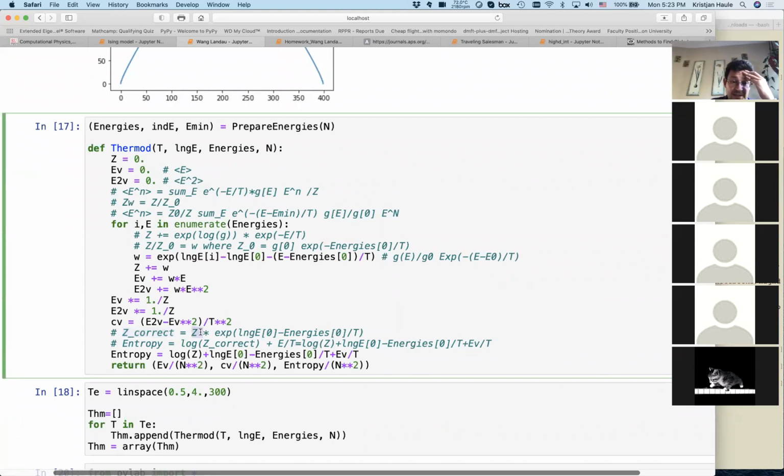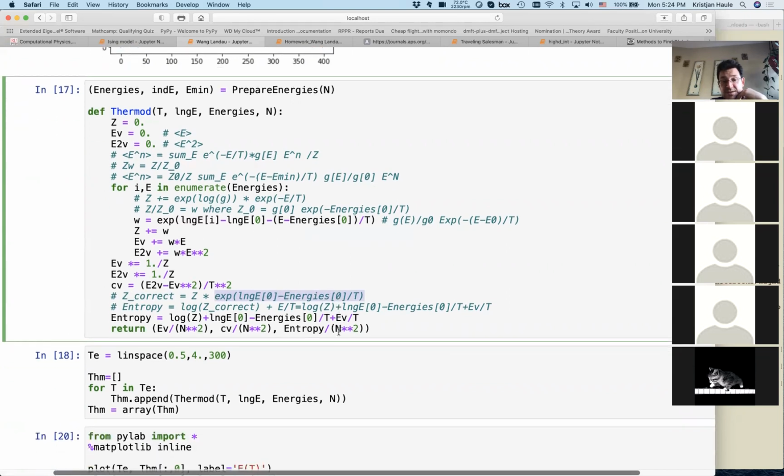So it is basically the Z that we obtained here, which is actually Z over Z0. And then we need to multiply it with this Z0, isn't it? Which is the exponent of the logarithm of the density of states of 0, times e to the minus energy of 0 divided by T. Okay, so this would be the real Z. So then the entropy is of course the log of this real Z plus the average energy divided by T.